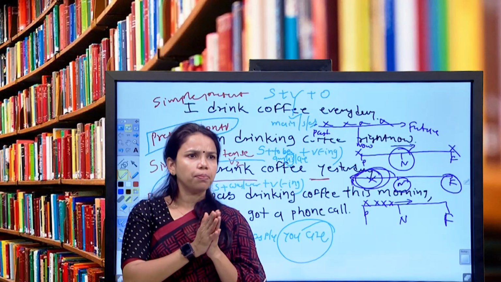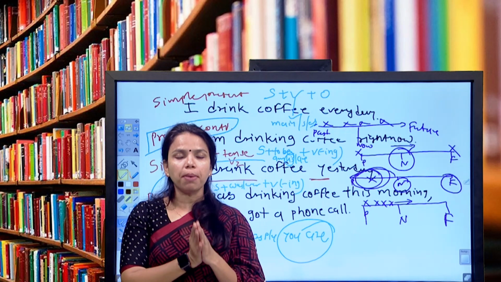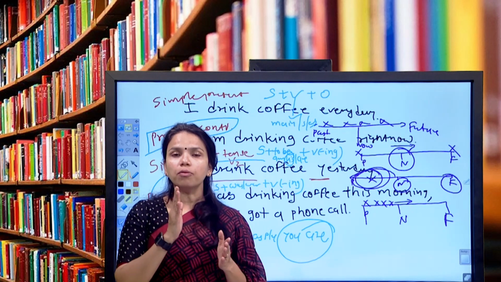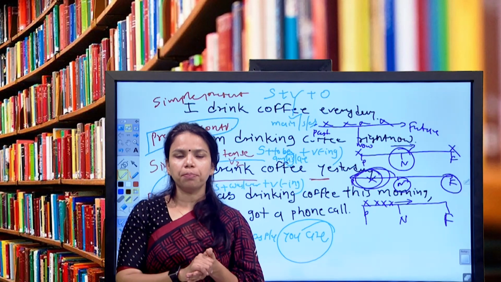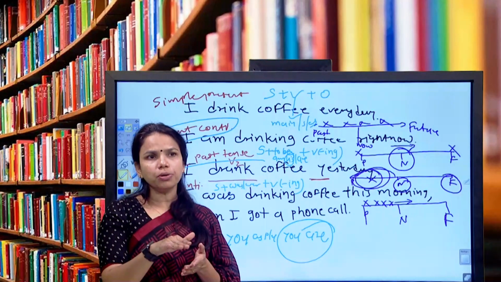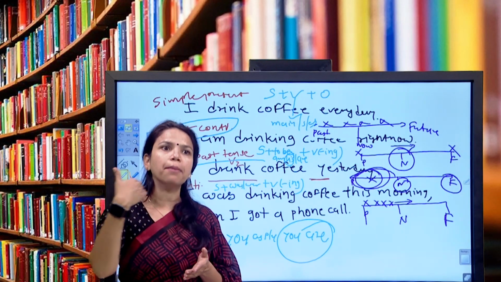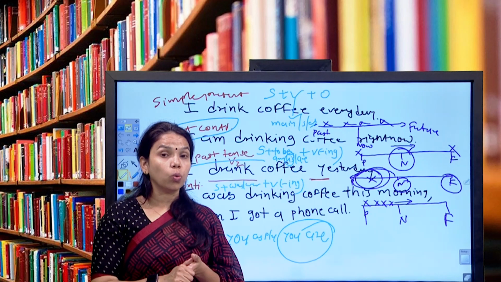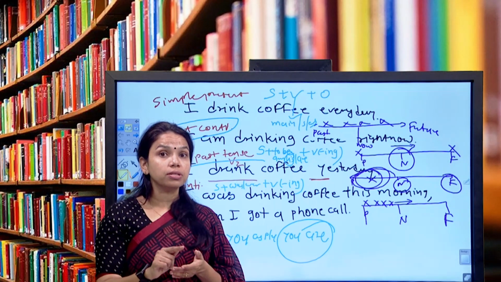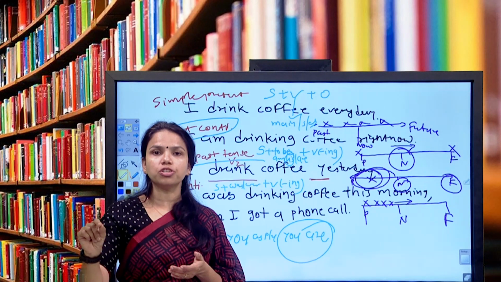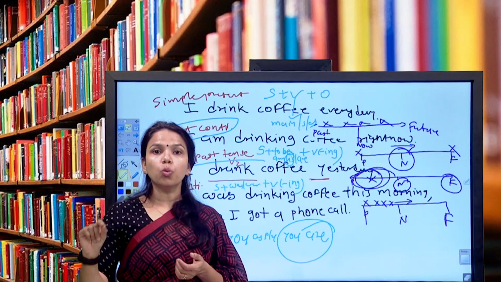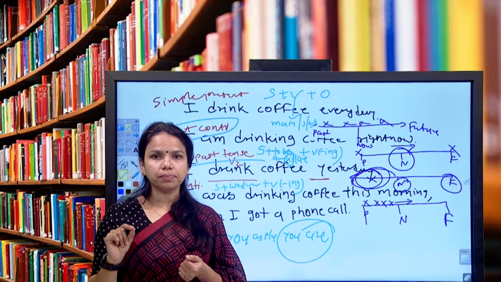What is the past continuous tense? In past continuous tense, I have already mentioned, and one last time I repeat it: it is an unfinished process which was going on.